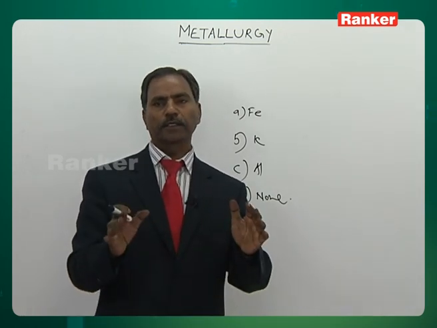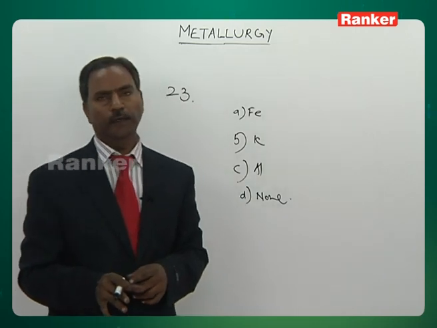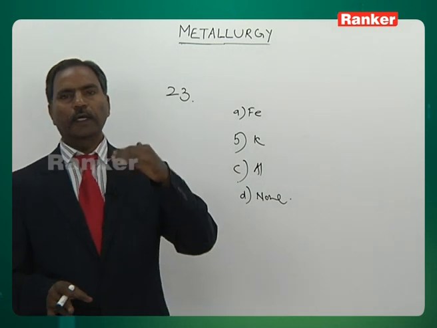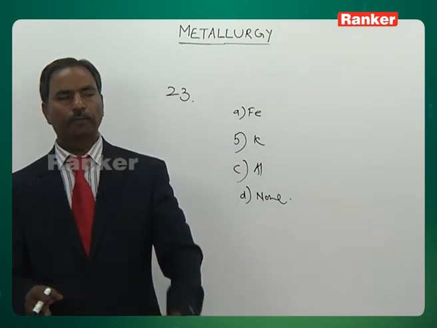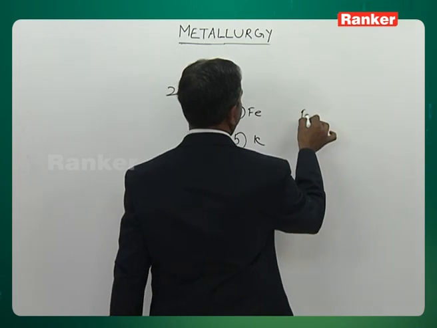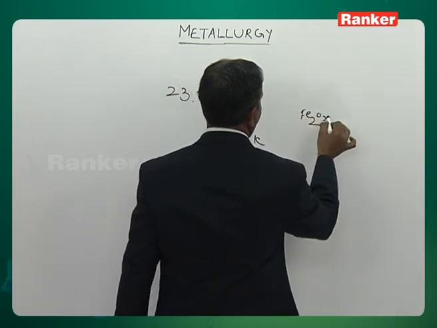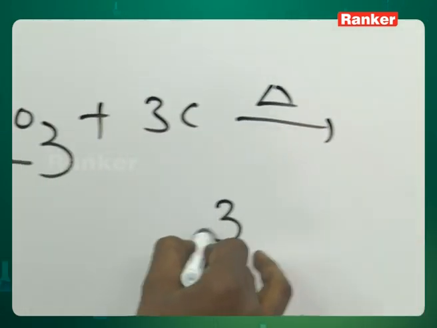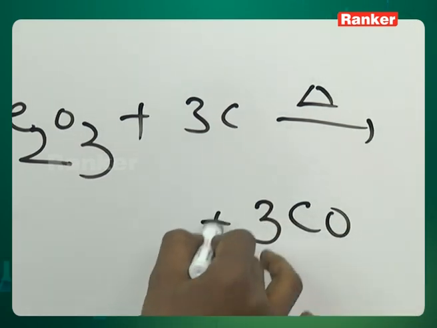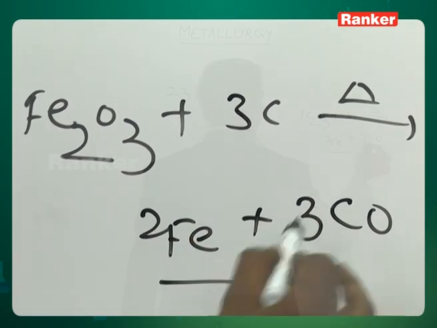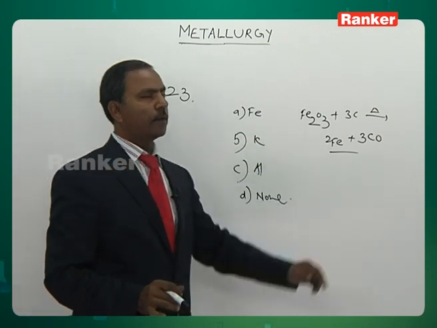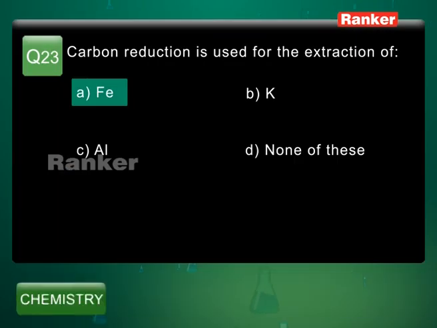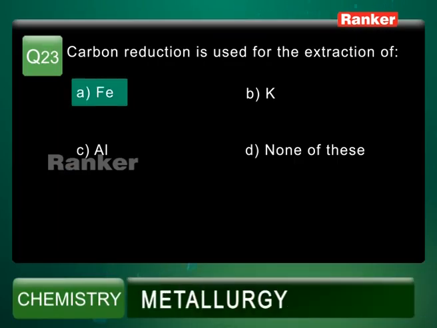The reduction of these and their compounds is not possible by carbon. Generally, iron is extracted by reduction by carbon: take hematite ore, Fe2O3 plus 3C, strong heating, you are getting 3CO plus 2Fe. This is the method. Carbon reduction method is generally applied for iron, but not potassium and aluminium. Therefore, question number 23, answer is A.